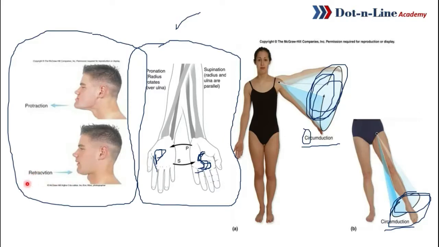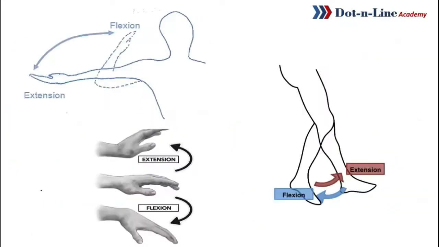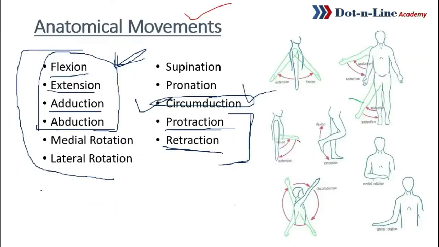You are retracting. So when you are making this bone move away from the body, this is protraction, and when we are making this bone move towards your body, you're retracting that joint, that is retraction. Okay, I think it is clear. If it is not, just repeat the video.